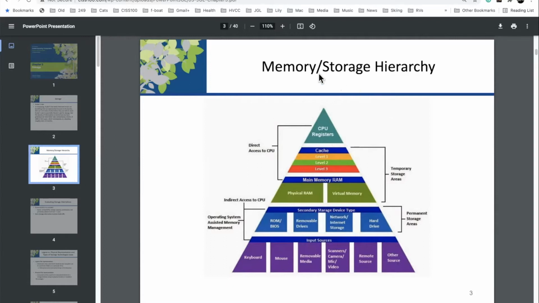Now, again, it's called the memory storage hierarchy because we move from the CPU to the cache to RAM. And at some point, we get to storage. And we understand the distinction between memory and storage. Again, I try to provide all of the terms that may be used. We know volatile and non-volatile, right?